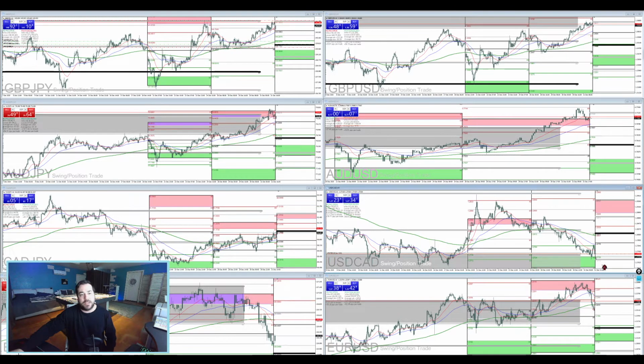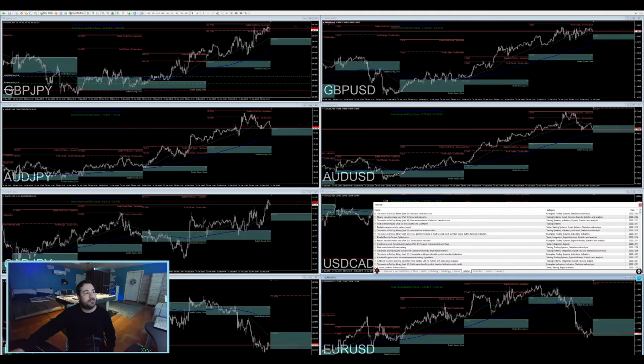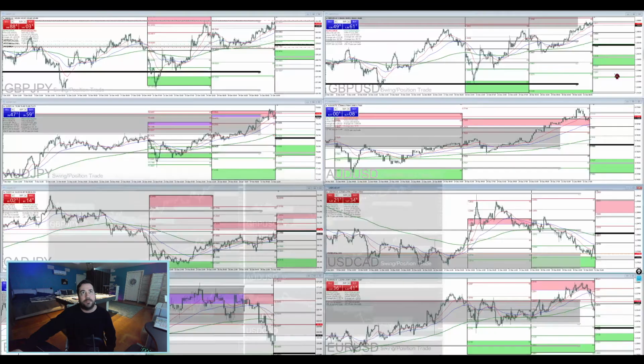If I get a couple ticks higher, which I'm waiting for Hugo's Way to open up, and they're just not open right now. Sometimes they open up a few minutes after. I want to check, see if they have any trades on. So yeah, right now they're just not open.